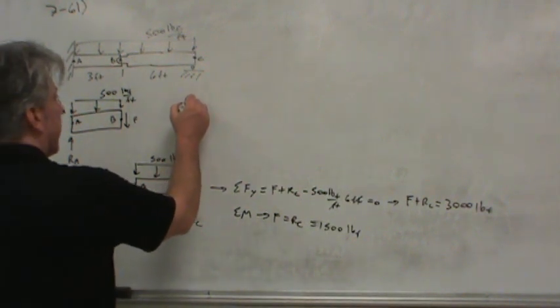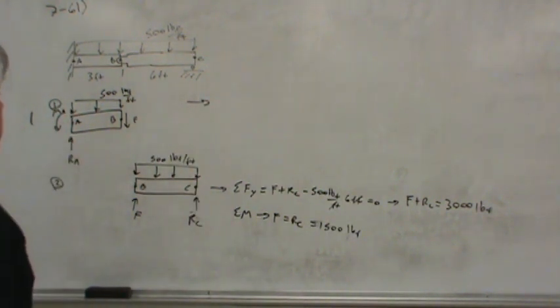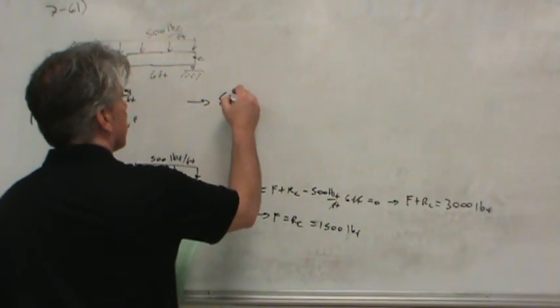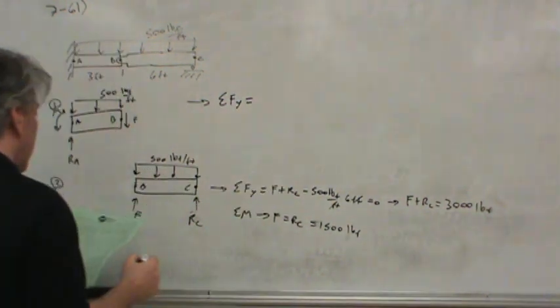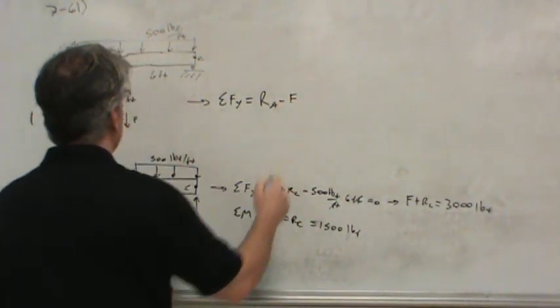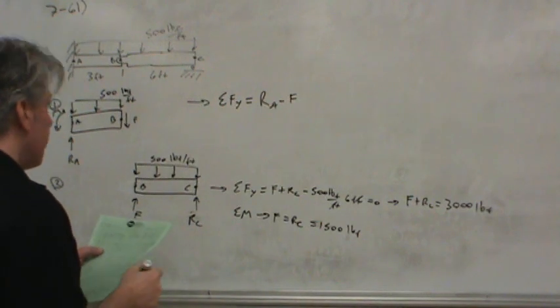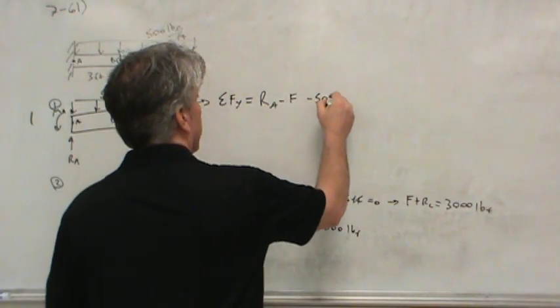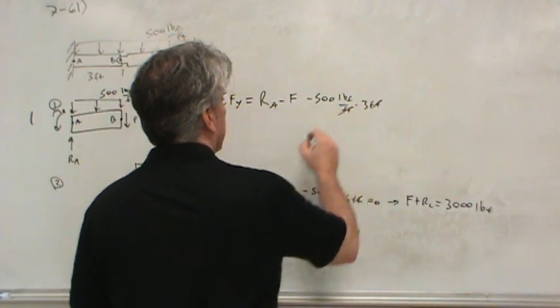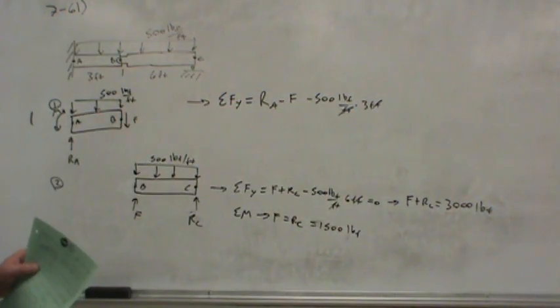Now that we've got the magnitude of F, we should be able to tackle segment 1 and see what happens there. So let's start off the same way. Sum forces in the y direction. What do we have? Well, RA minus F, and then minus 500 pounds per foot times 3 feet. That's it, right?